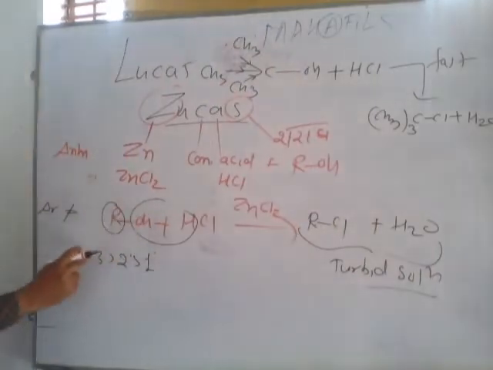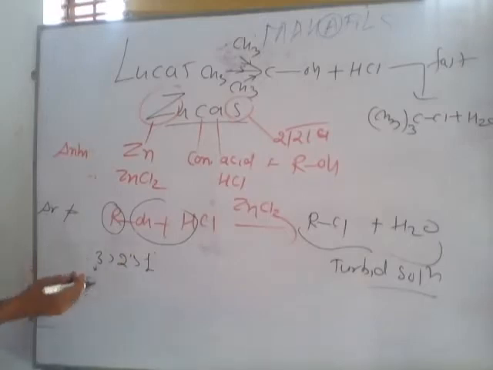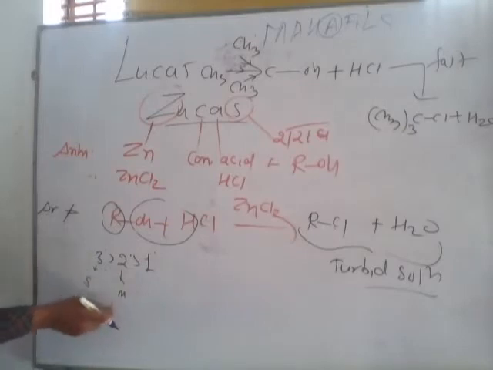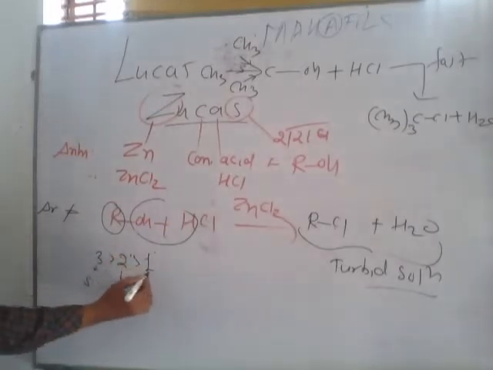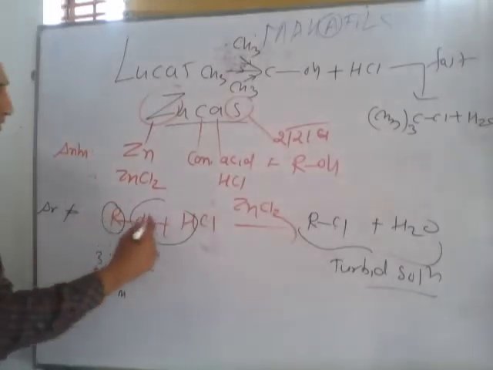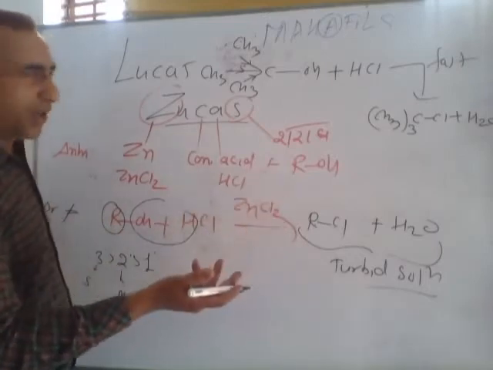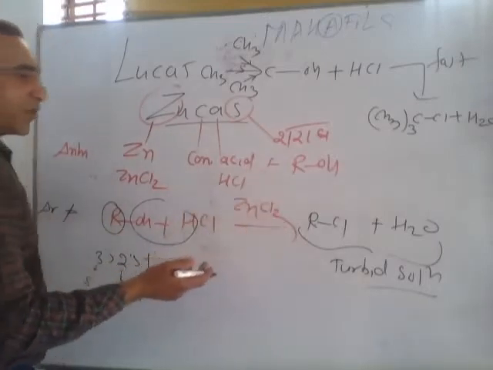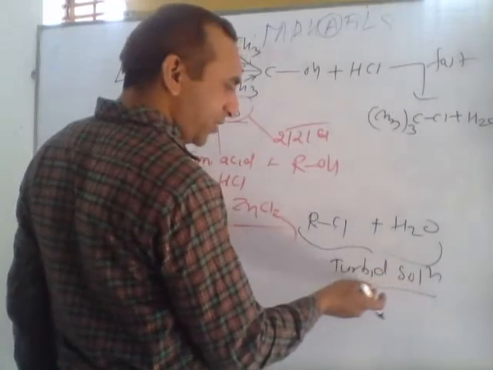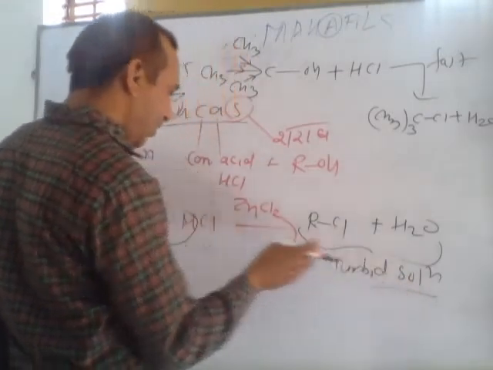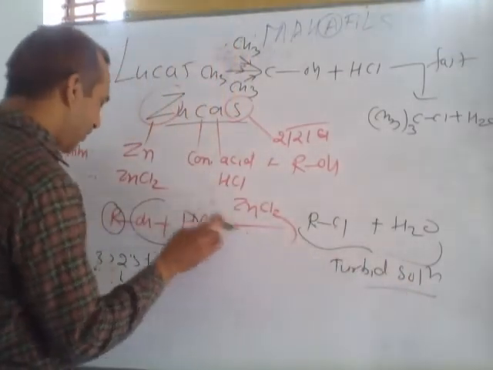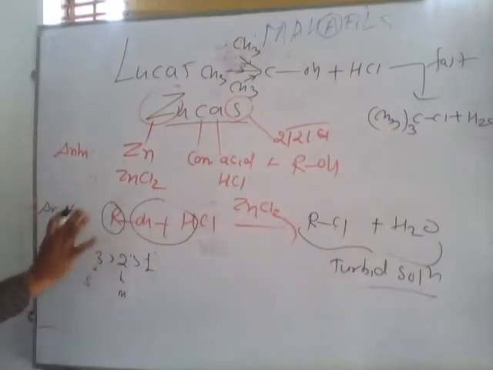Tertiary gives this reaction within a few minutes, but primary gives this reaction in hours, otherwise no reaction. So on the basis of the time of formation of the turbid solution, we can distinguish different types of alcohol.